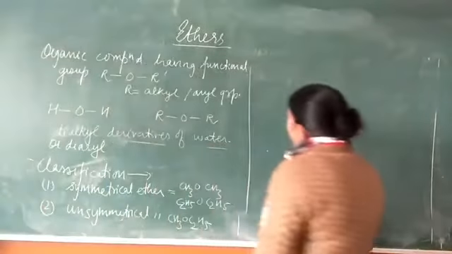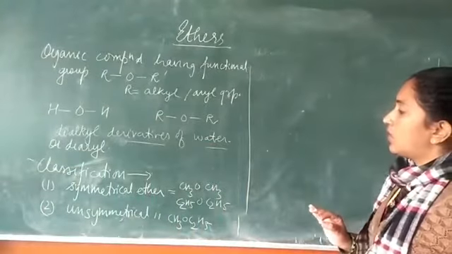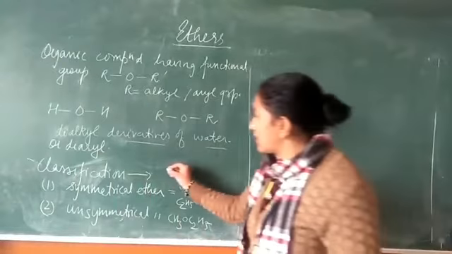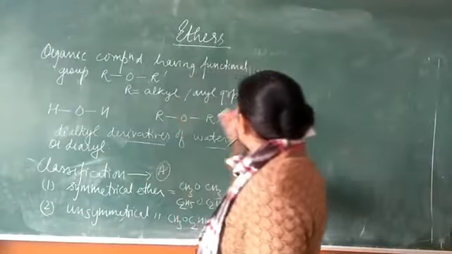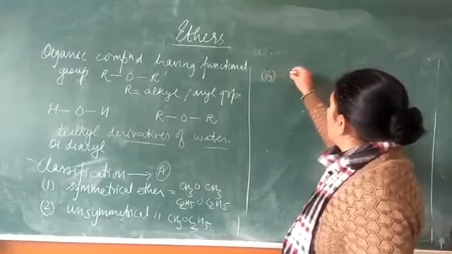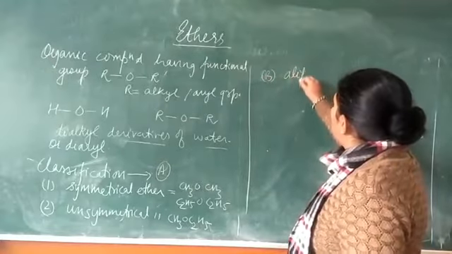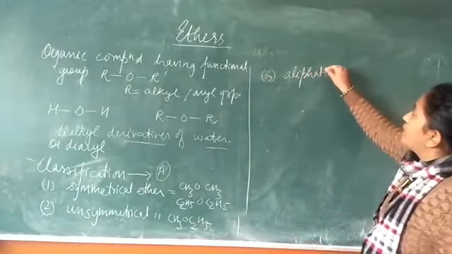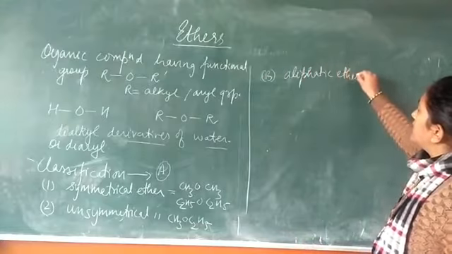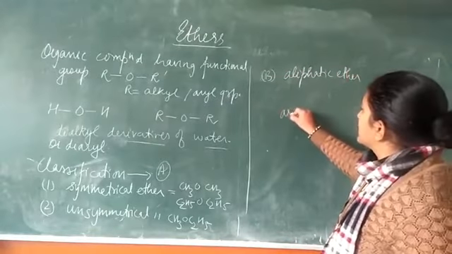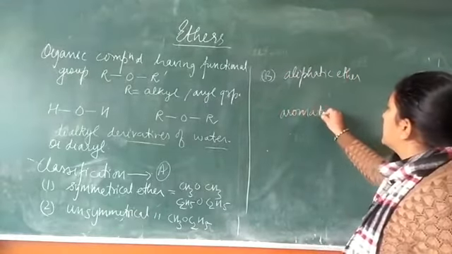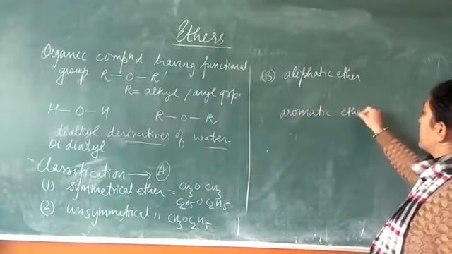Now students, this is the first classification, right? Now the second is on the basis of whether it is aliphatic or aromatic. So we have aliphatic ether and the second is aromatic ether, right?